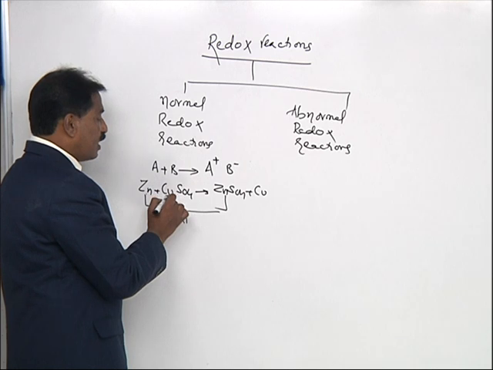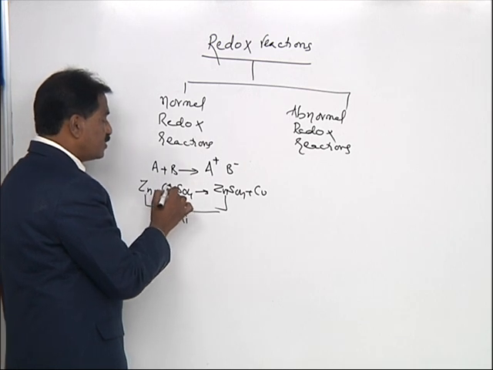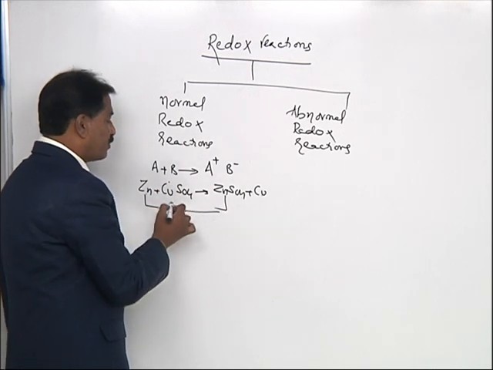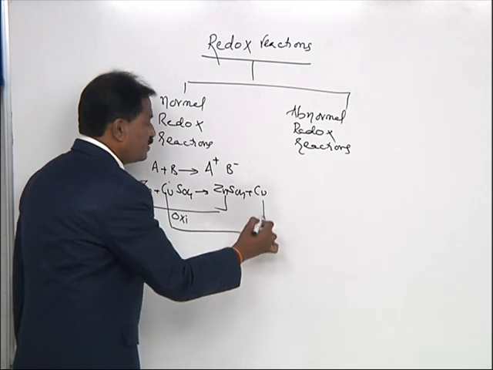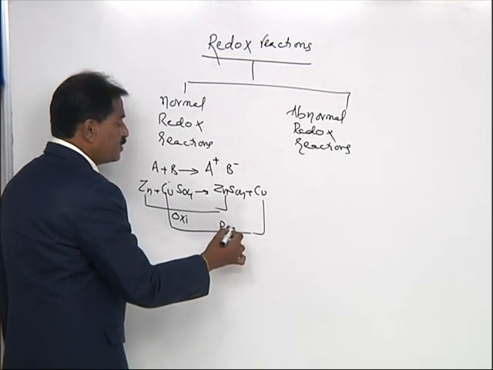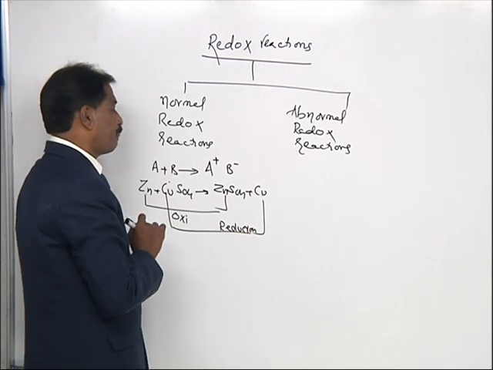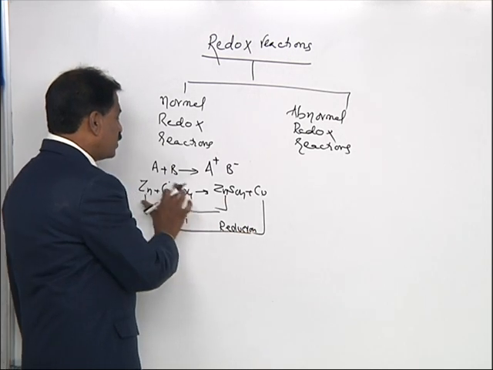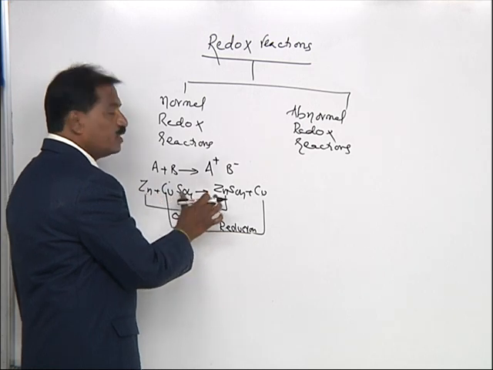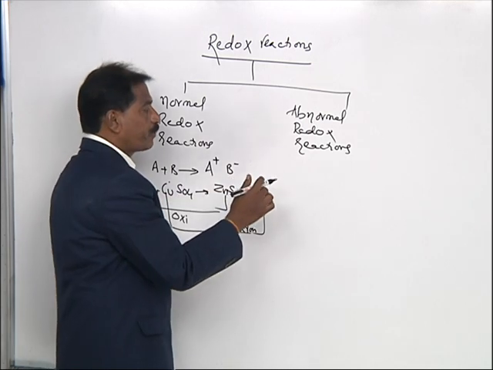Next, copper is gaining the electrons. Cu2 plus is getting converted into copper. Therefore, since copper is gaining the electrons, we can say copper is undergoing reduction. That means in this reaction, two different species are undergoing the oxidation and reduction.